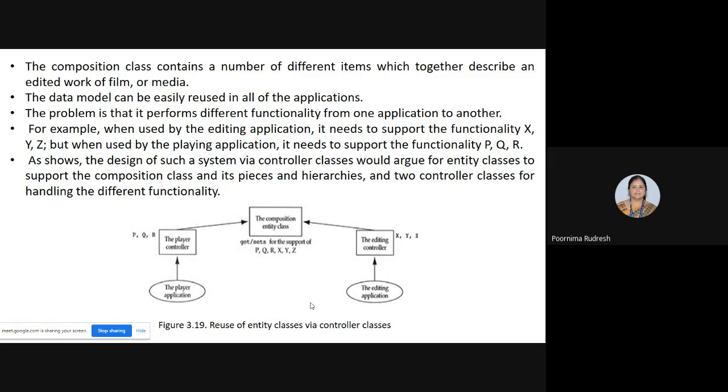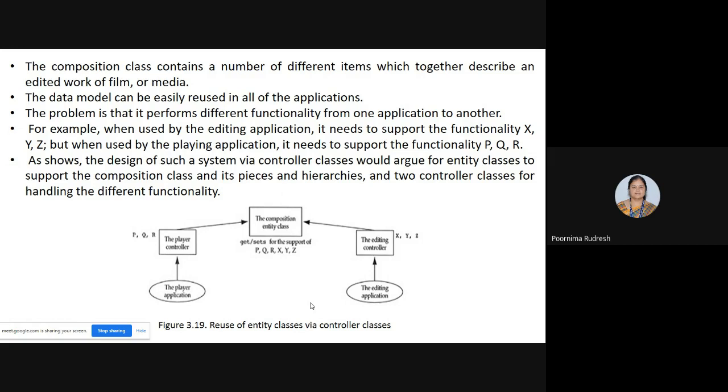The company has many applications that work on an abstraction, and that abstraction is known as the media. Okay, so that abstraction is known as the composition. Now we are considering an example here.